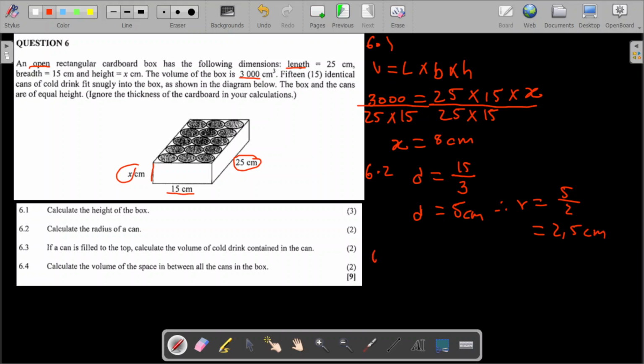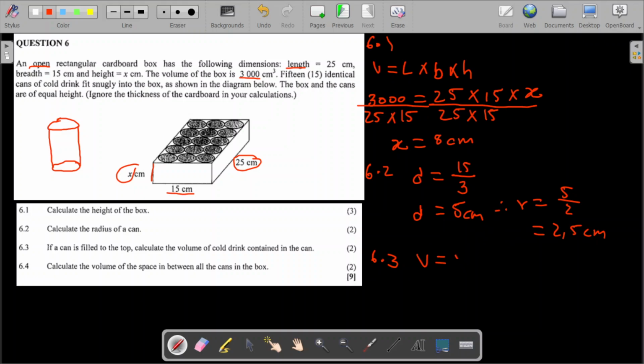Now 6.3 is saying, if a can is filled to the top, calculate the volume of cold drink in a can. Remember, the cans look more or less like a cylinder, as I have drawn here.